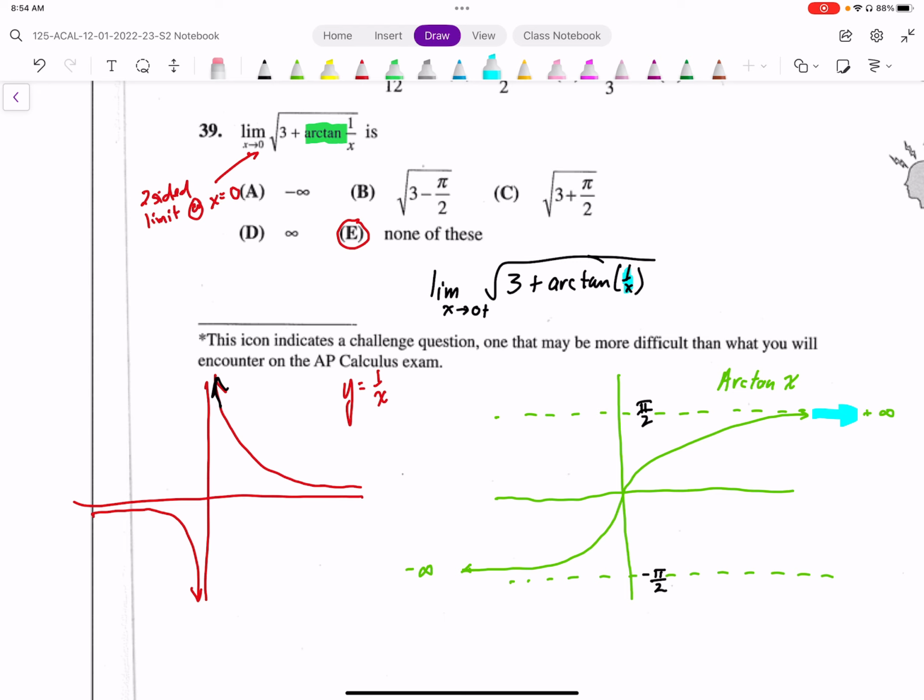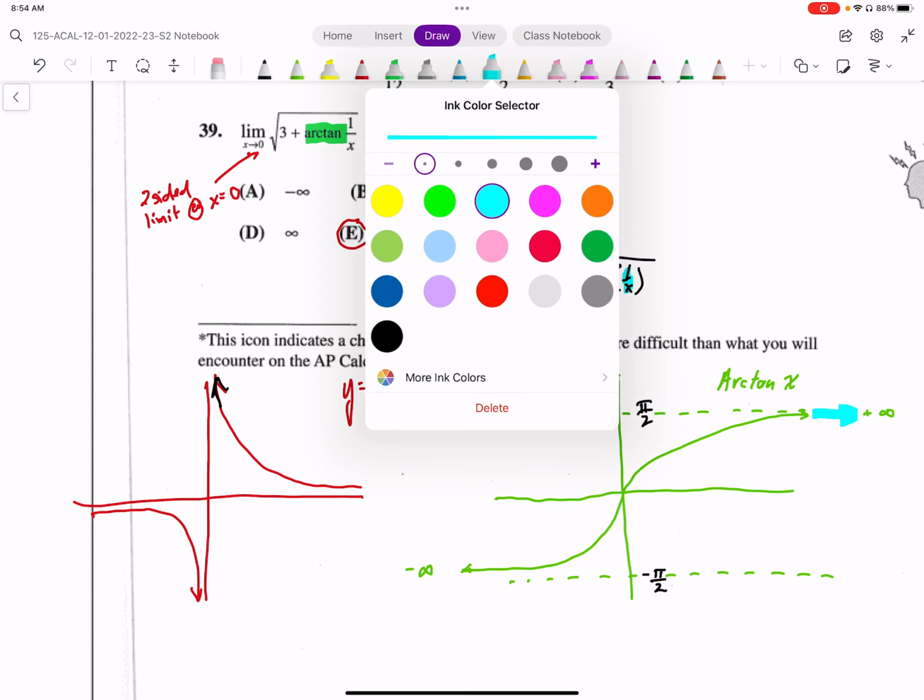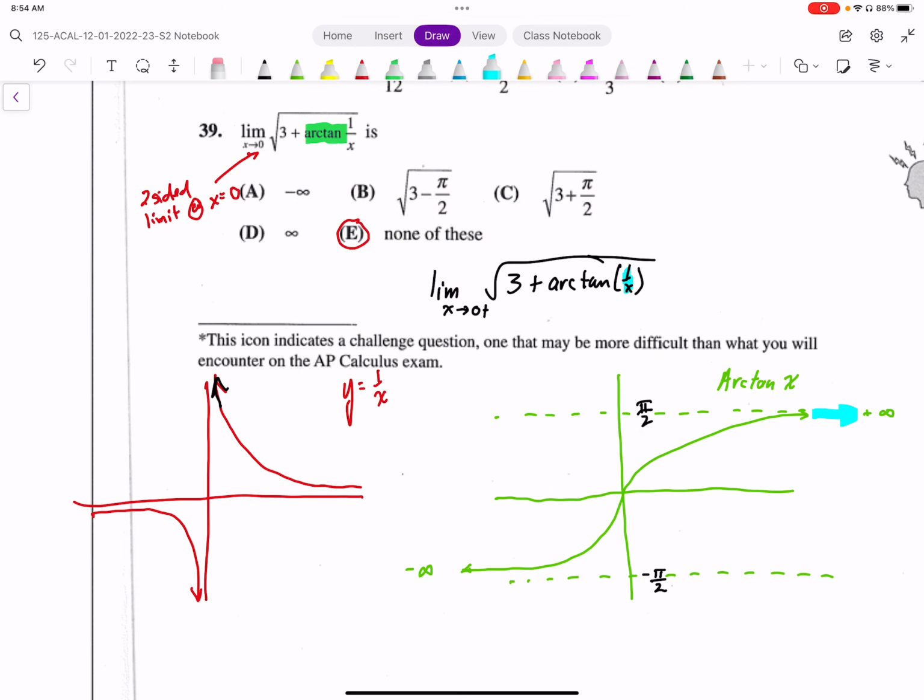So if we look at this from the positive side, we end up with 3 plus arctan of 1 over 0, or arctan infinity, which is pi over 2, so we would end up with C if that was the case.